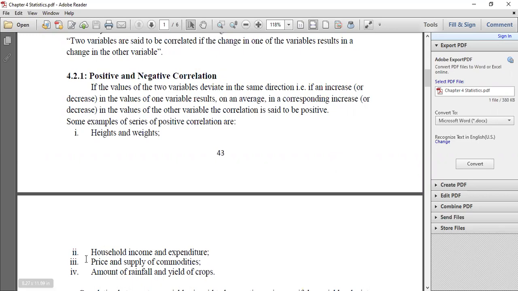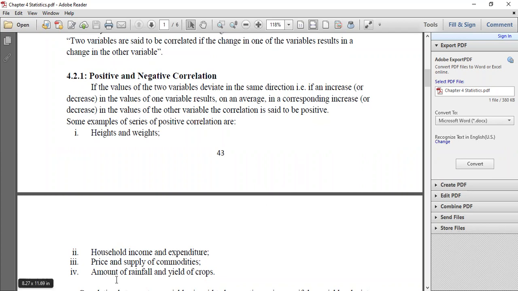So if you consider price and supply of commodities, if the prices are high, you may find that the suppliers might tend to add more supplies or more commodities. Once the price goes down, they try to withhold some of the commodities until the price again can go up.